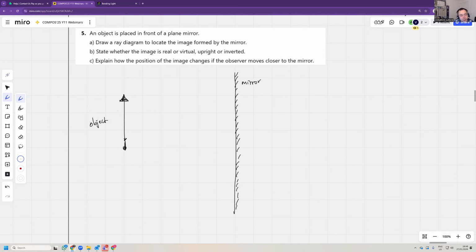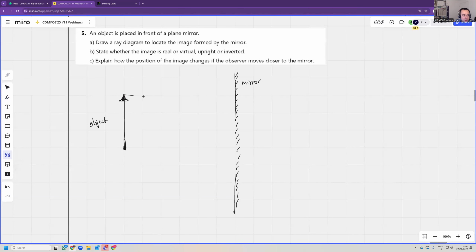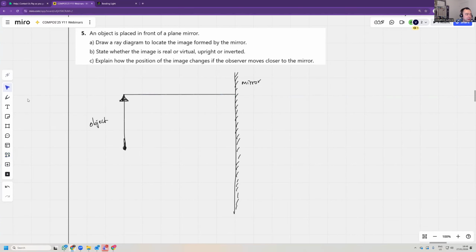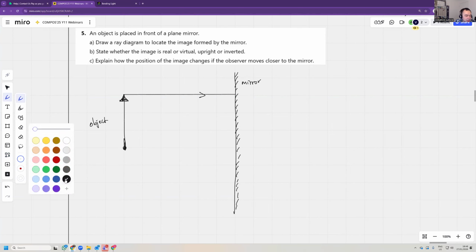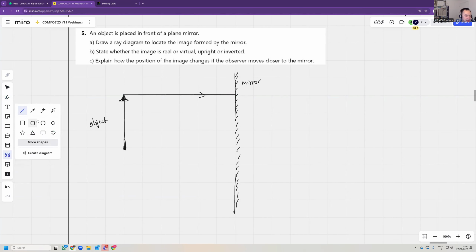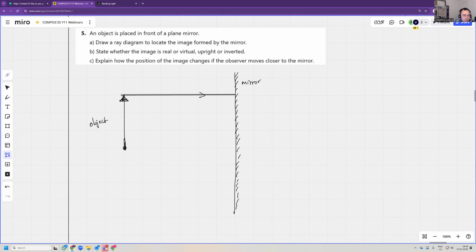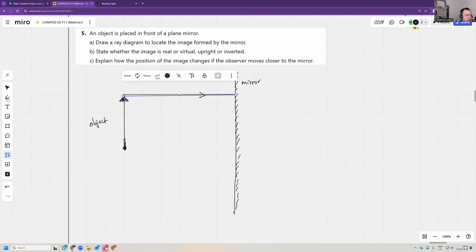This is an object. And how it works is, let's draw a line from the top of the object to the mirror. The light will reflect back to the object in exactly the same way. So light will bounce back.